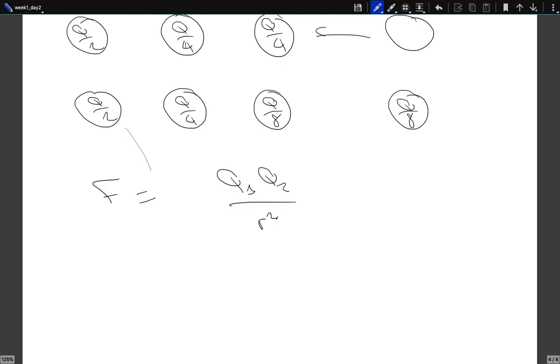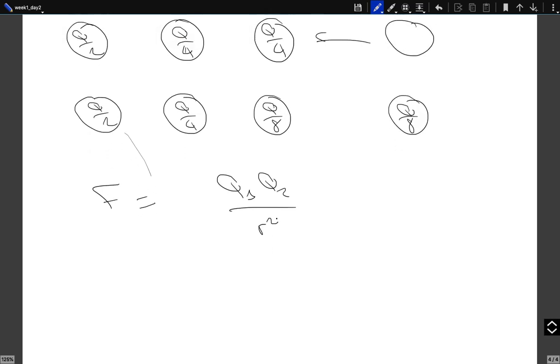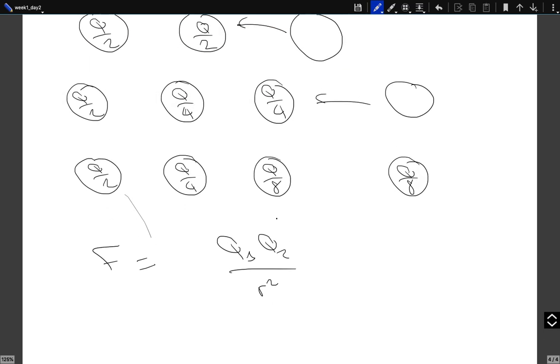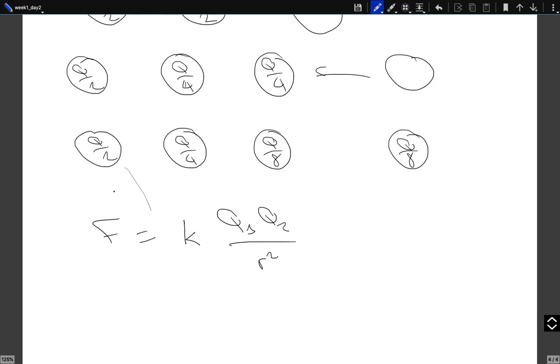The experiment can tell you, by comparing the magnitudes in different experiments, the proportionality constant. Then, to convert the proportionality to an equality, there's a proportionality constant, the K. So this is our force law, the magnitude of the force.